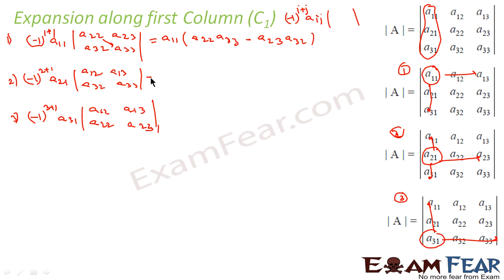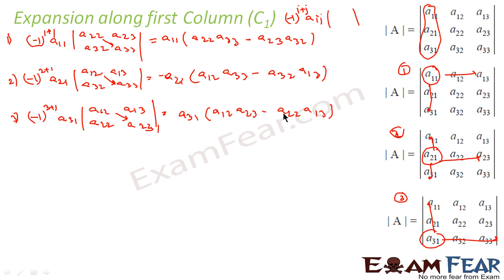In the second case, minus 1 to the power 3 is minus 1, into a21 is minus a21, times a12 a33 minus a32 a13. Similarly here, minus 1 to the power 4 is 1, into a31 is a31, times a12 a23 minus a22 a13.